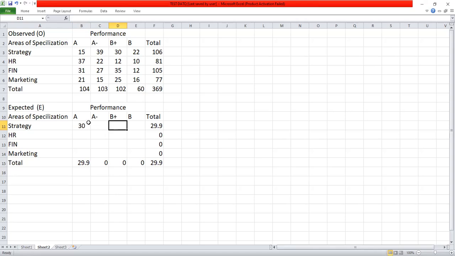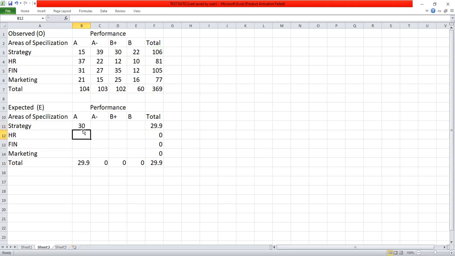So what is constant along this row? This one, 106. So I'm going to make 106 constant. And 369, of course, is a number, isn't it? So that's it, I've made 106 a constant.